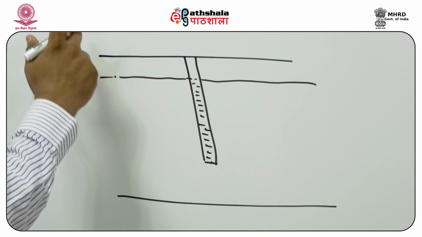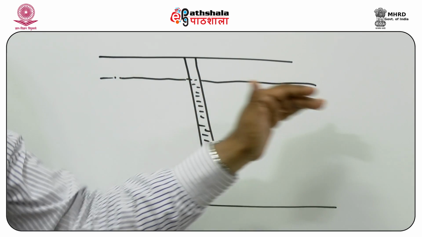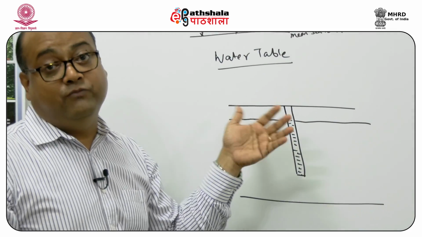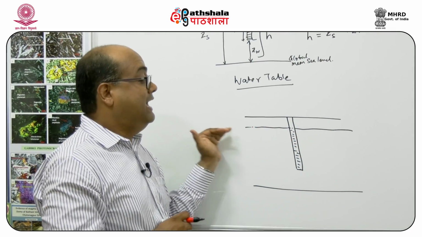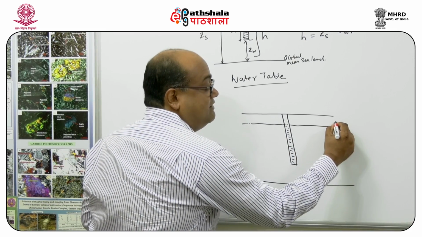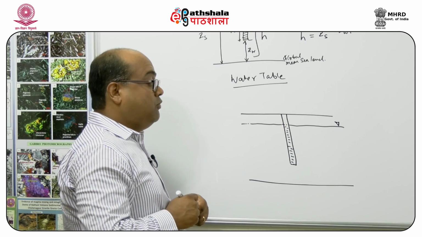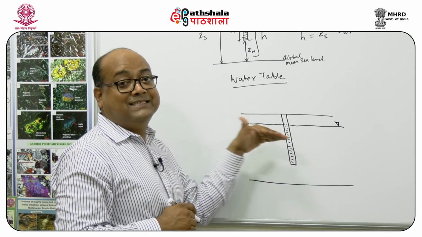If I had measured groundwater hydraulic head in all these portions, and joined those points with a line which represents a plane, I get what is known as the water table. This is generally represented by an inverted triangle, and this is what I call the static level.